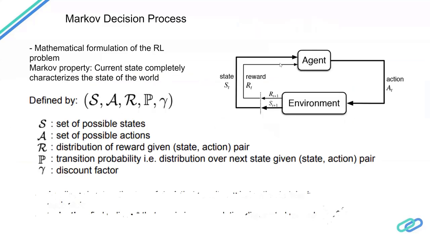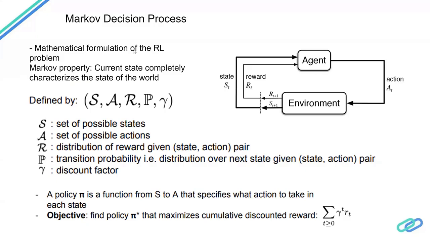The whole of reinforcement learning is based on the Markov decision process. Basically, the action that you should take is based on the current state only. That's the whole paradigm of the Markov decision process. The whole problem can be described by state, action, reward, transition probability of the next state, and a discount factor.